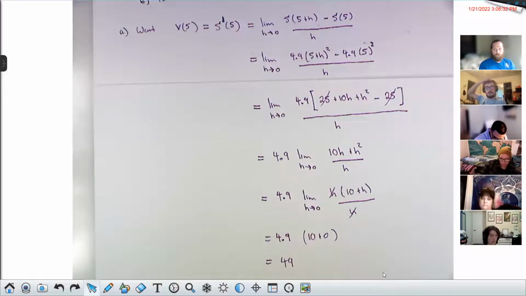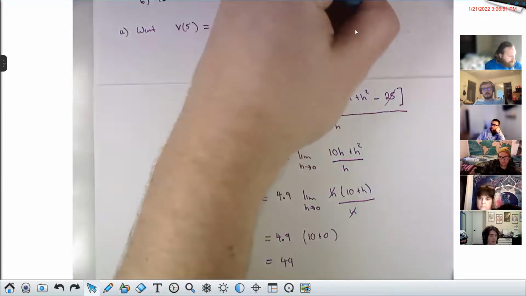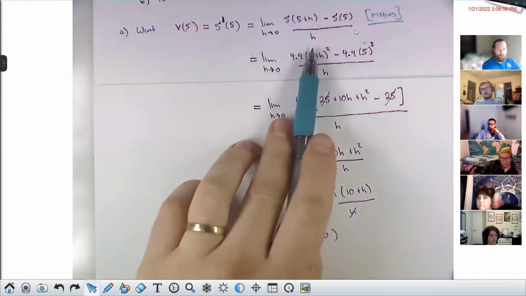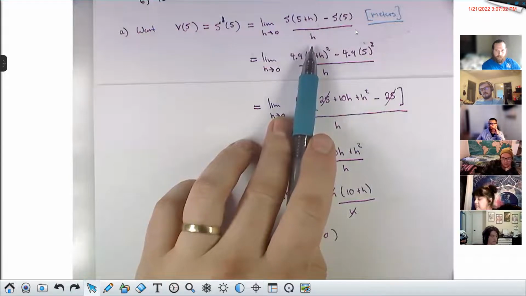And you should ask yourself, what are the units here? Well, the units of the top, this is the function s, and its outputs. So the units of the top here are meters. Downstairs, h is a difference between two inputs.